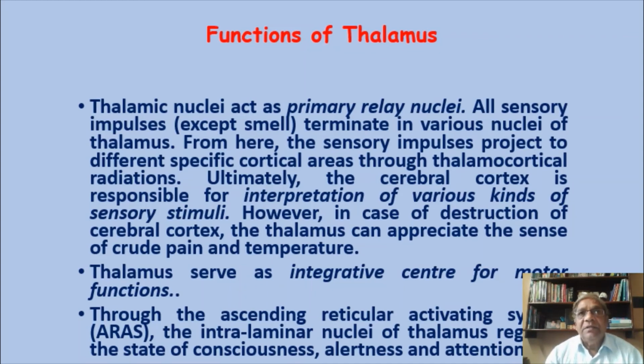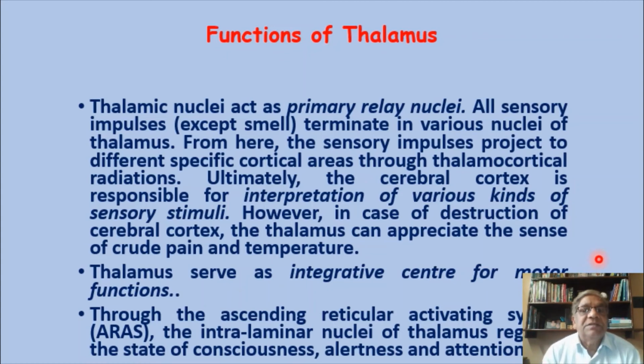Otherwise, the animal where the whole cerebral cortex is gone will not be able to sense any of the sensations, except the crude pain and the temperature. Thus the thalamus is a perceiver of crude pain and temperature, and to some extent it is acting as the cerebral cortex where the final sense is realized.